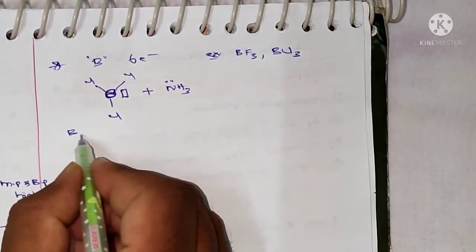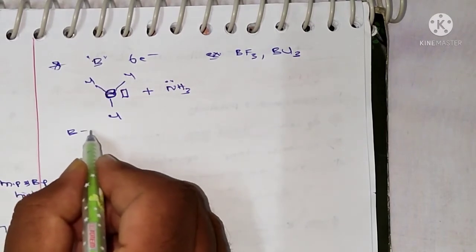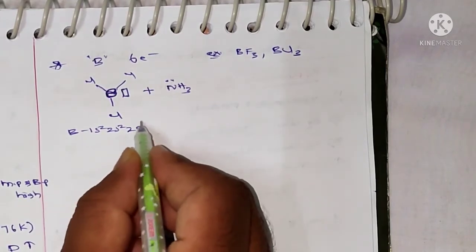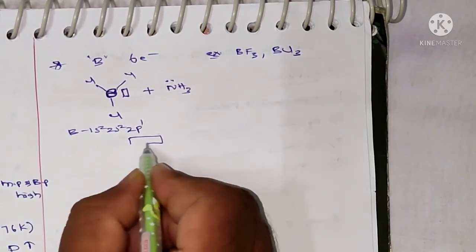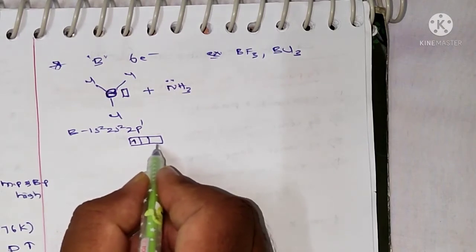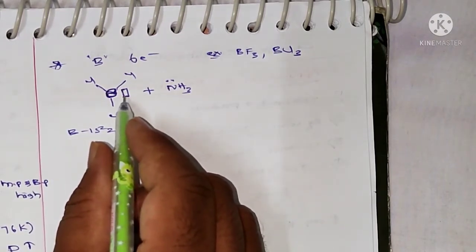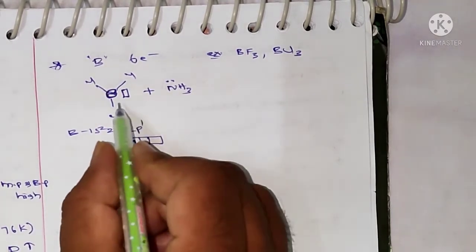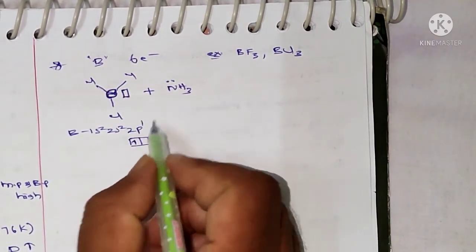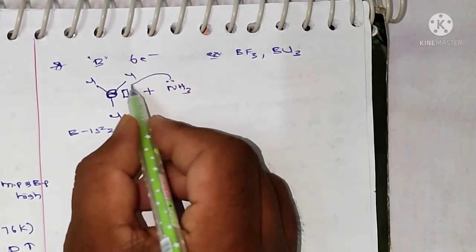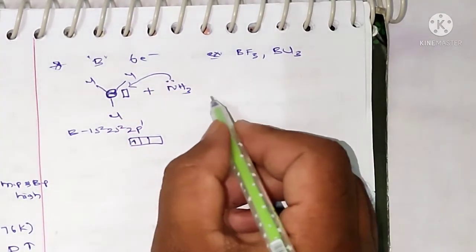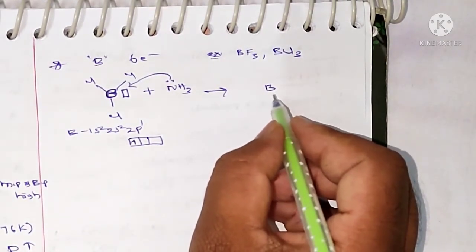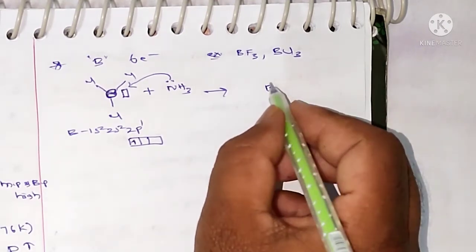We know that boron has atomic number 5, electronic configuration 1s2, 2s2 and 2p1. In the p orbital there is 1 electron, so there are empty orbitals. Those empty orbitals receive electron pairs from electron donors. So boron accepts the electron pair from NH3, and then it forms the tetrahedral compound BCl3·NH3.